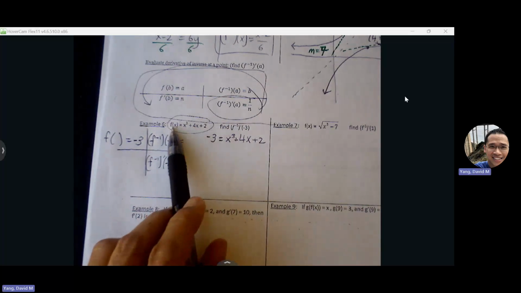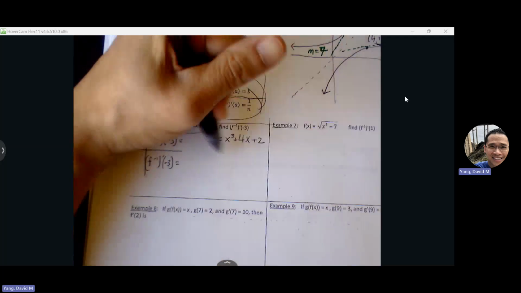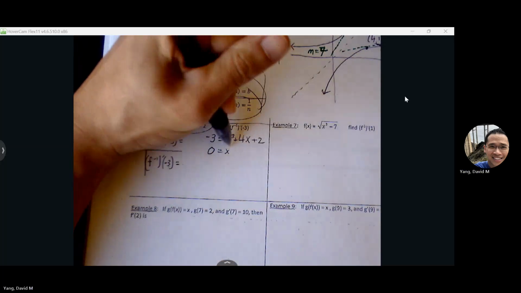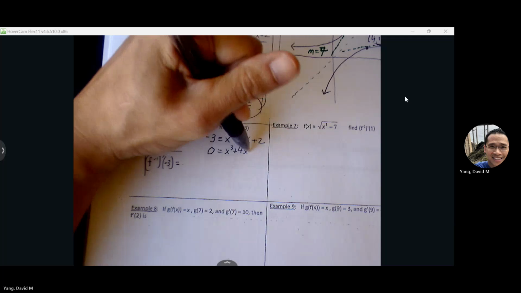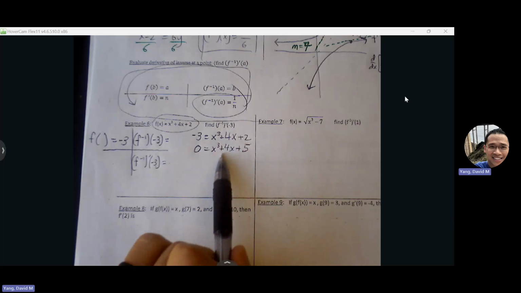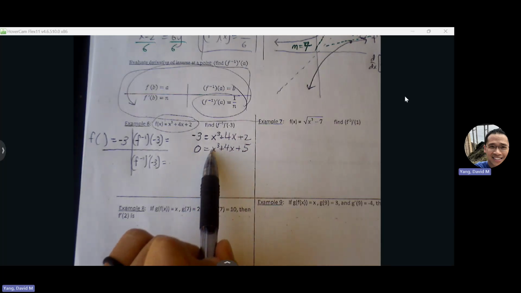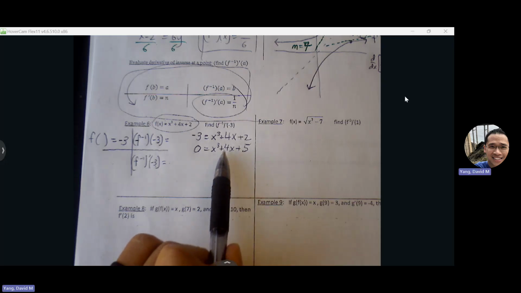Okay, so -3 is the y value. I'm just working backwards to figure out what the x value is. I'm going to bring everything over to one side. And what you're going to notice is that if we try to solve for x, it's not going to be factorable. Okay? So if it's not factorable, we're going to try to guess and check our way to get the answer.